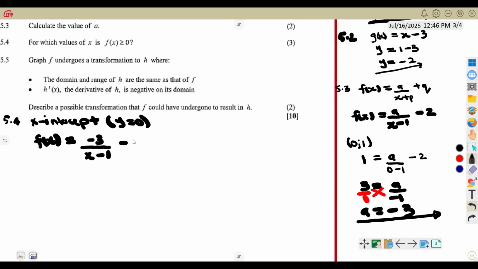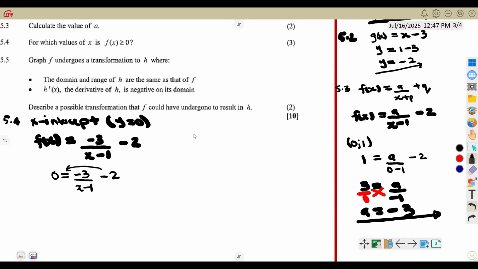Then we are having -2. Then to get the x-intercept, substitute y equal to 0. So it means 0 will be equal to -3 over x minus 1, minus 2.